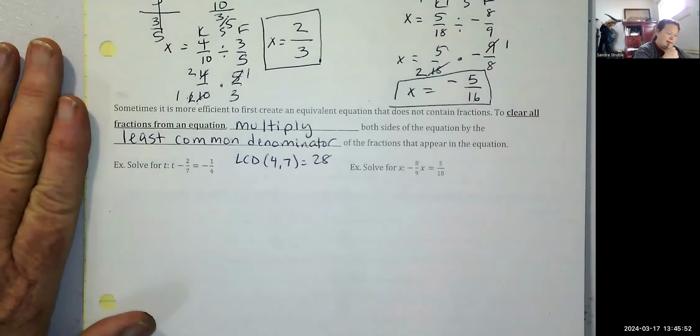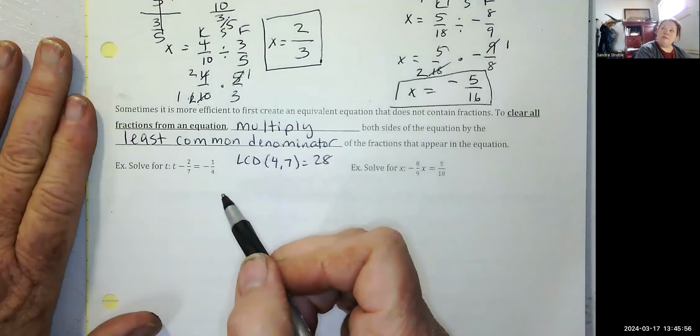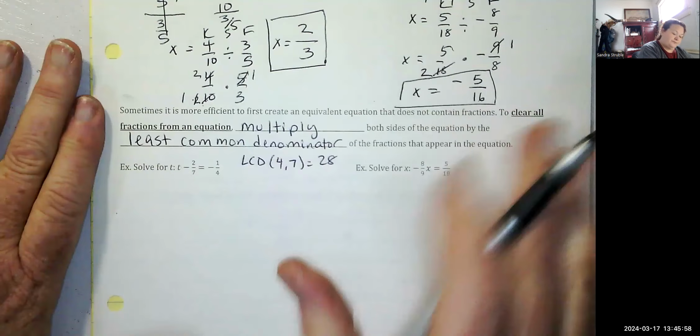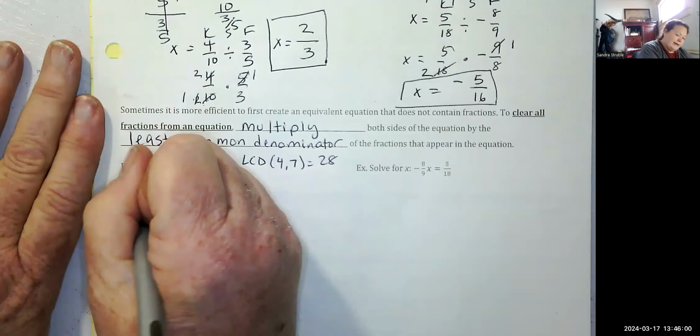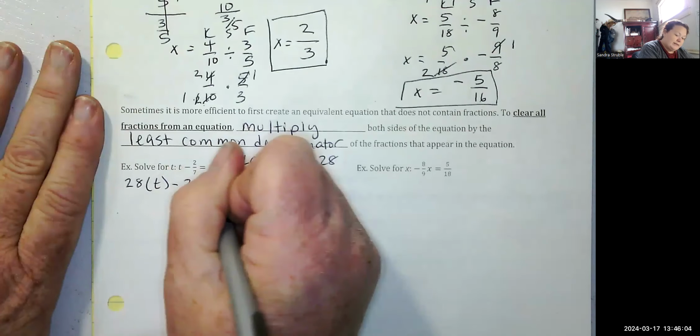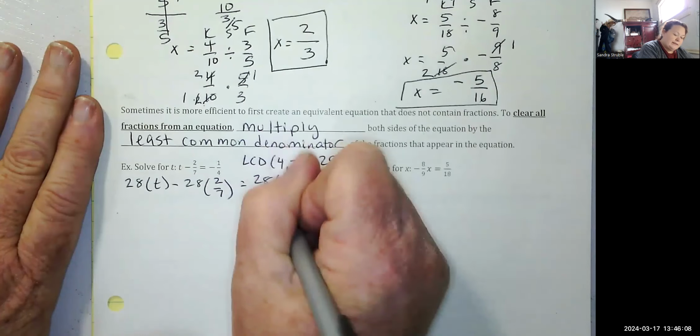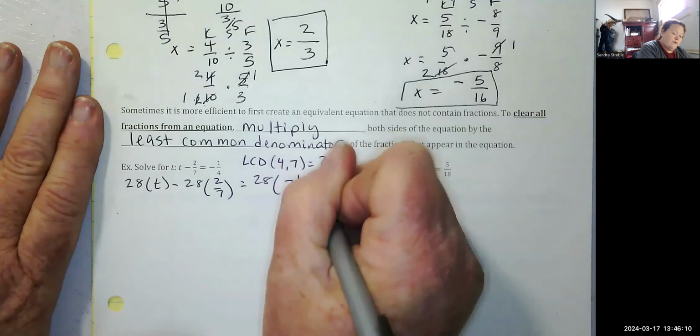So that means I want to multiply every one of these terms by 28. So 28 times t minus 28 times 2/7 equals 28 times negative 1/4.